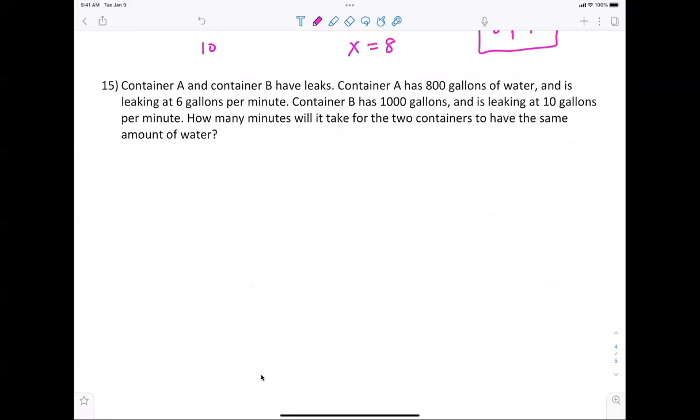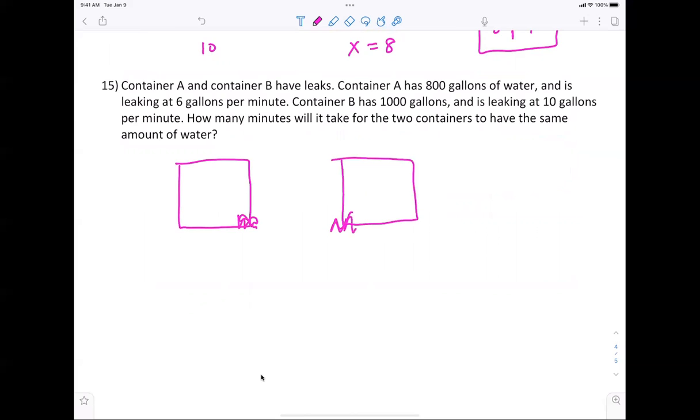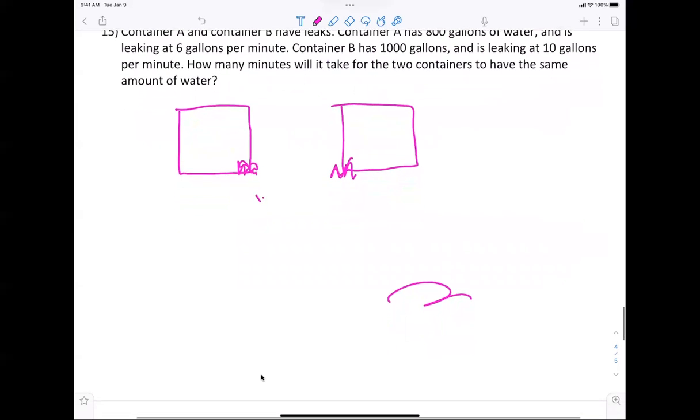Okay, hold on a minute. Here's container A. There's a little leak down here in the corner. Here's B. It's got a leak down here in the corner too. I'm assuming things are coming out. So I'm going to identify this as A. Sorry, I don't know what's going on.